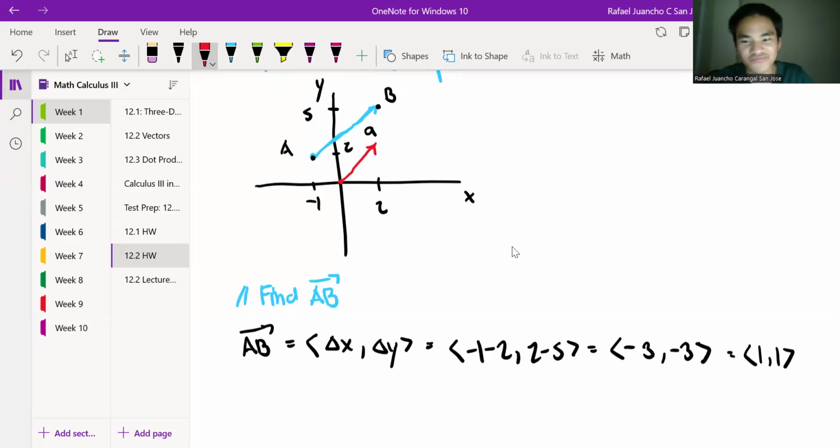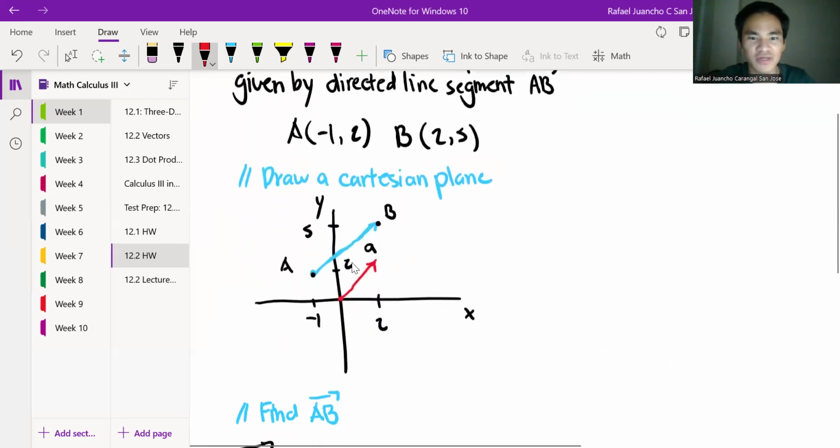And the point's gonna be like what? Could be negative 3, negative 3, or honestly, wait a minute. Okay. First thing we want to do is track the points. So we have negative 1, 2.